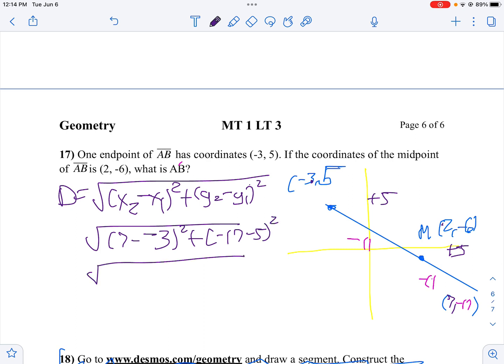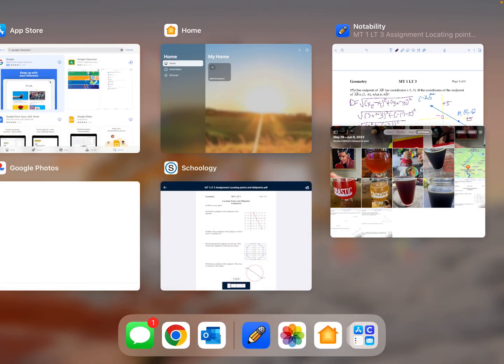squared. Well, 7 plus 3 is 10 squared. Negative 17 minus 5 is negative 22 squared. So I get 100 plus 22 squared, I do believe, is 484. I'll use my calculator just to double check that.